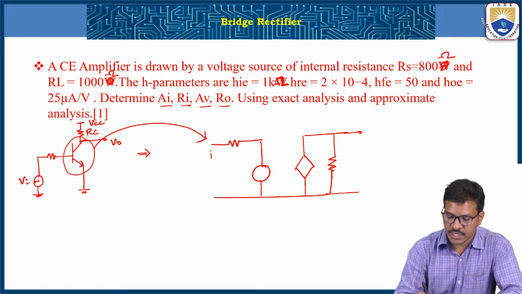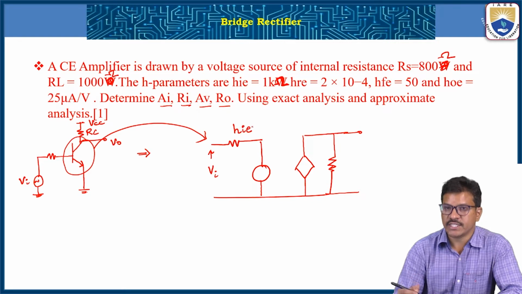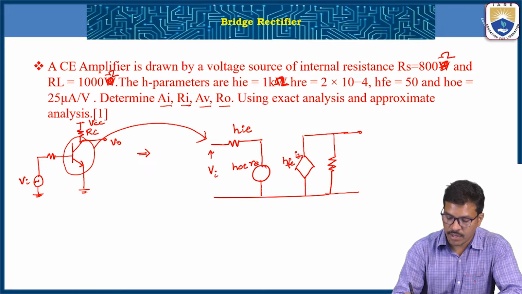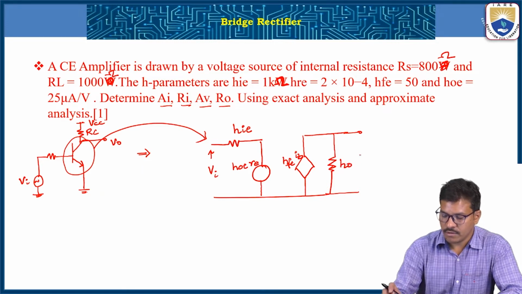We can draw this diagram. Basically, the input voltage, the input impedance hie, hoe, hfe IB, hre.